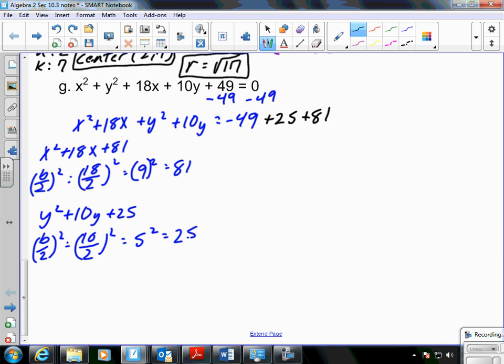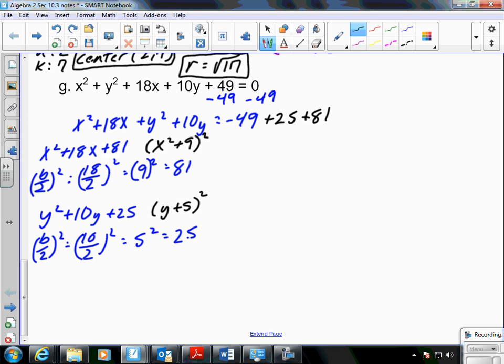Now these are going to factor down. x squared plus 18x plus 81 is going to go to x squared plus b over 2, so plus 9, and the y squared plus 10y plus 25 is going to become y plus 5 squared. Both of those are squared.